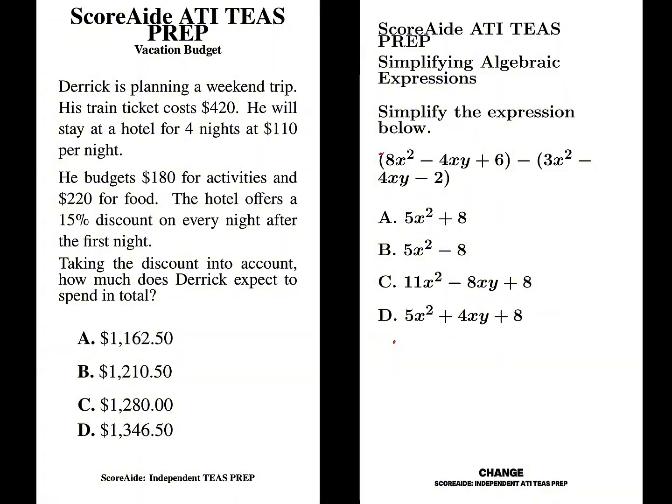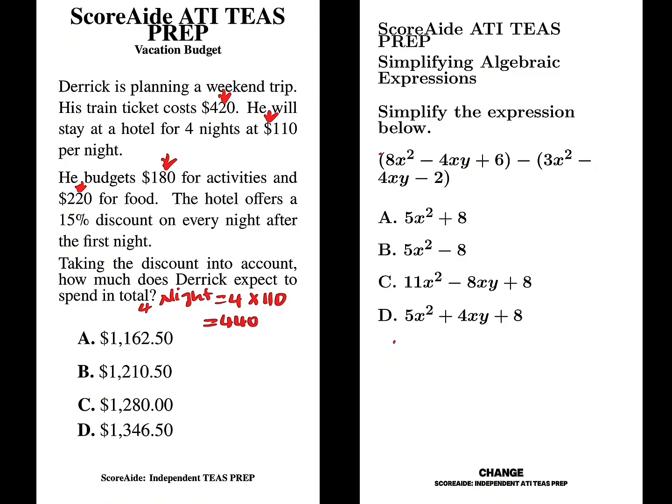So we will be considering the ticket, the nights, the activities, and the food, right? But the discount only affects the nights. So let's look at how much he spent for the nights. The full nights are going to be equal to 4 times 110, so this is going to be 440 that he is expected to spend.